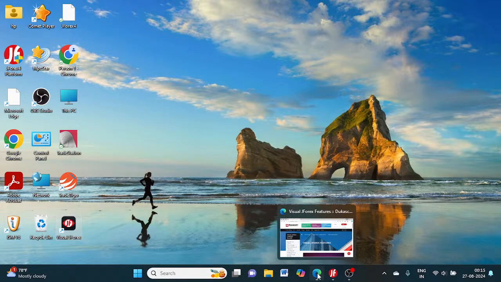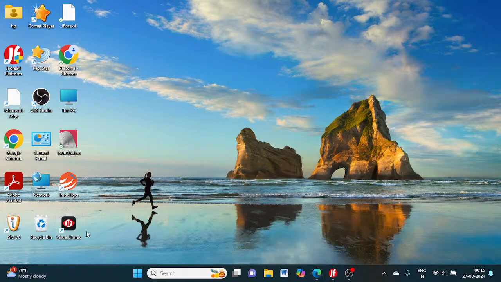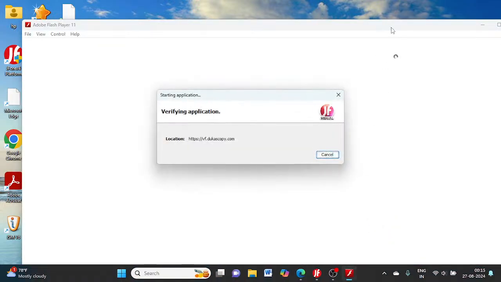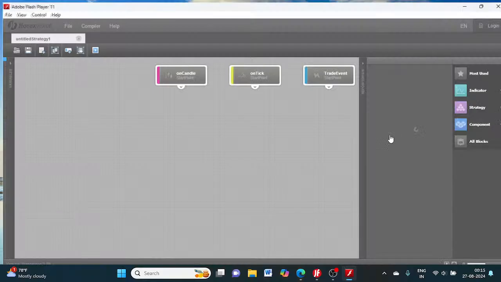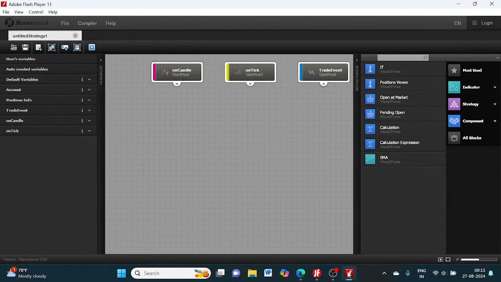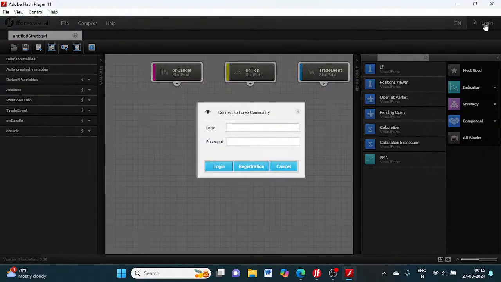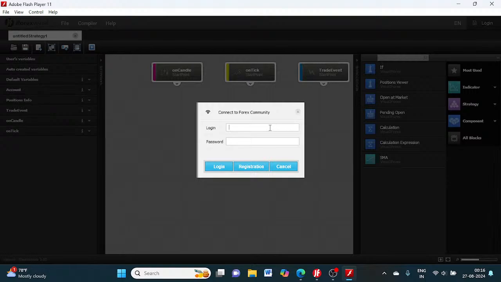I think I wrongly closed it. Alright, I will restart it again. Okay, here it comes. Yes, here it is. I log in. My community account is Vaibhav27. Password, of course, I can't really share that with you.